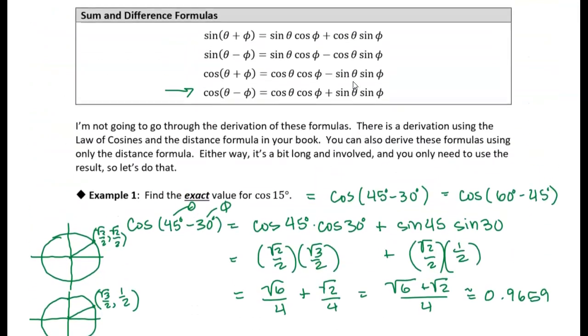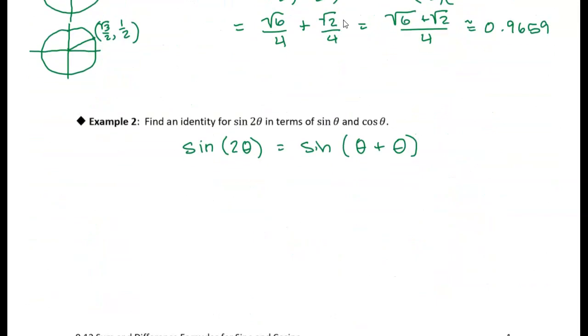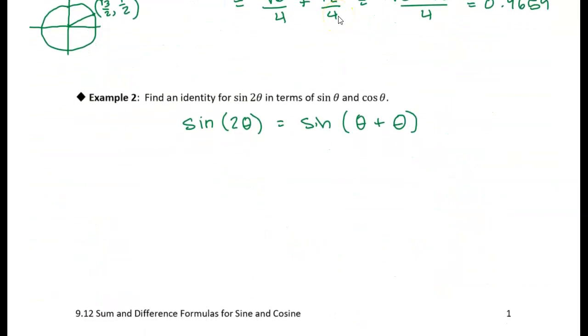I'm just going to use this formula right here for the sum of 2 angles. It just happens to be that the 2 angles are the same angle, right? So I'm going to get sine of theta cosine theta plus cosine theta sine theta when I plug in, if theta and phi are the same angle. So let me write that down here.